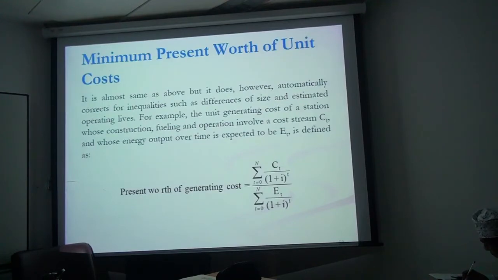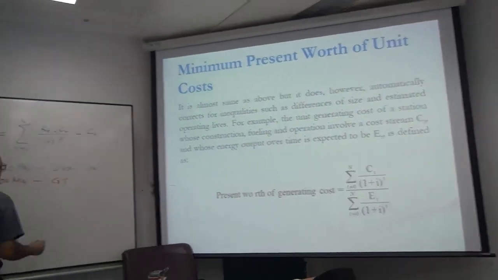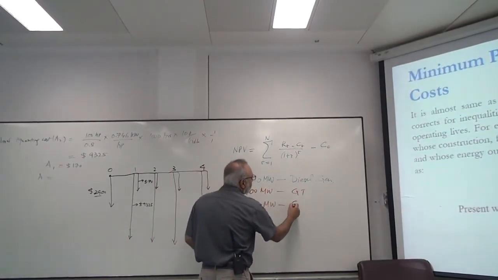Minimum present worth of unit cost. Sometimes the comparison is made between alternatives which are not of equal sizes. Let's say, for example, you have a 50 megawatt diesel generator, and you have a 100 megawatt gas turbine and maybe a 270 megawatt coal fired plant.